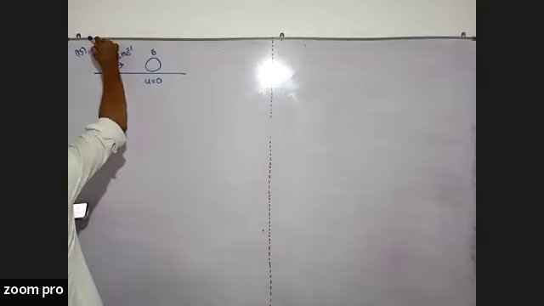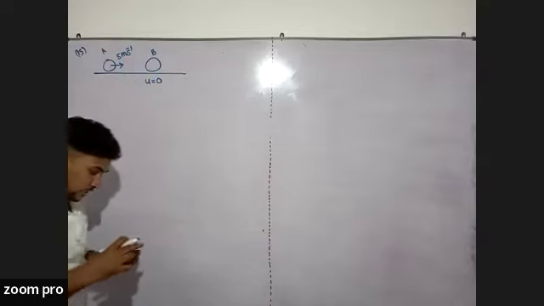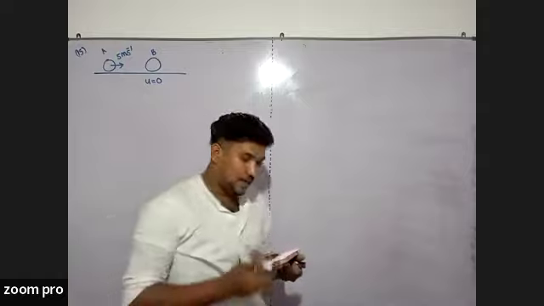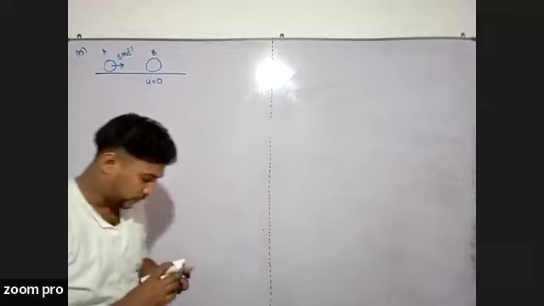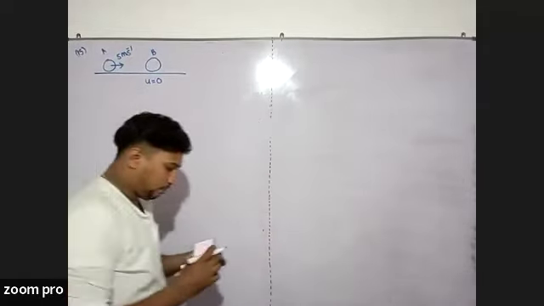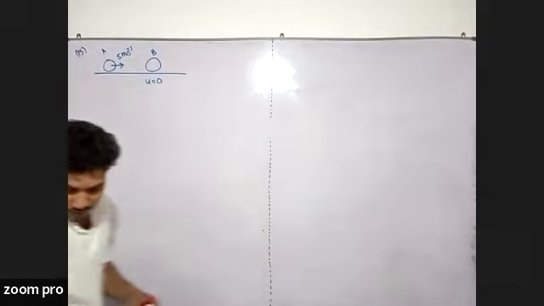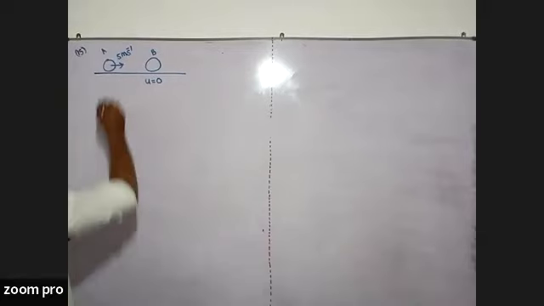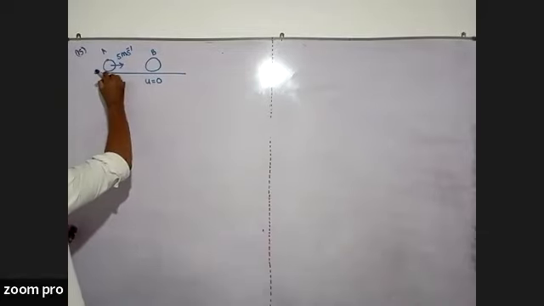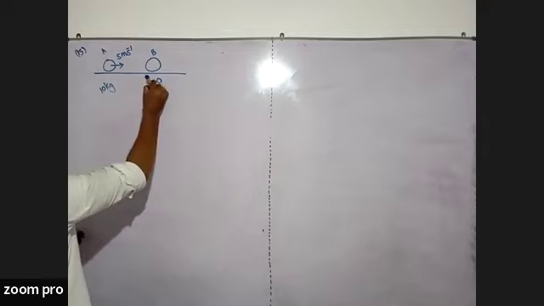So this is B, this is A. The masses of A and B are 10 and 5 kilogram respectively. What would be the velocities of A and B after the collision? This one is 10 kilogram, the other one is 5 kilogram.